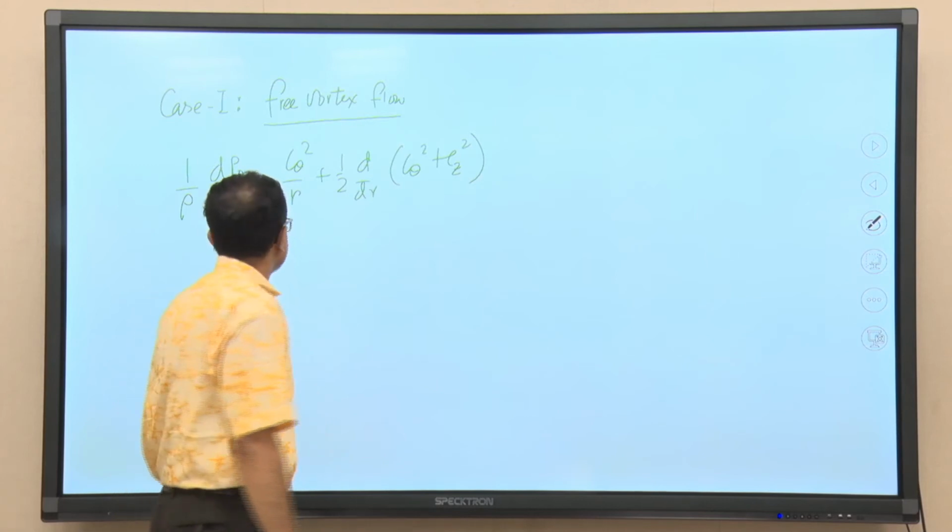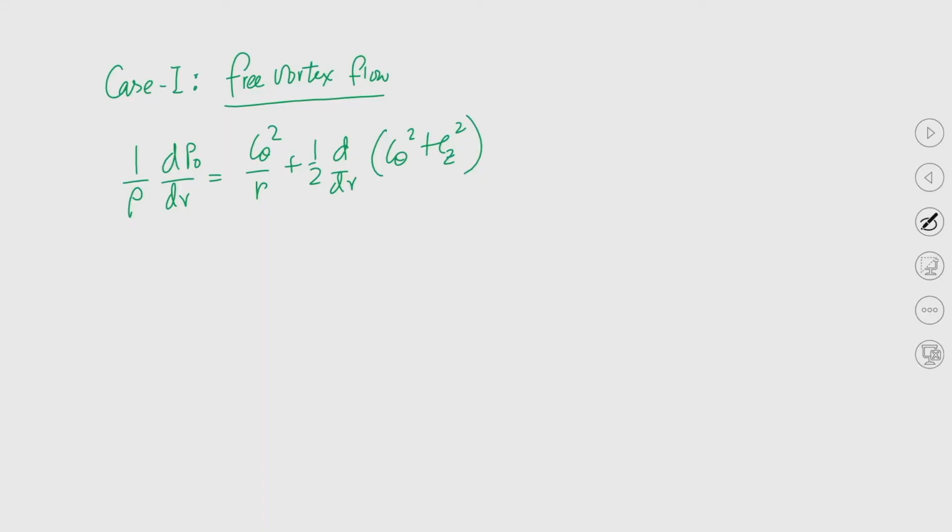So, basically for the free vortex flow, what do we know? For free vortex flow, r into c theta equal to constant, say this is equal to k. So, this is for free vortex. Right. So, r c theta is equal to constant.